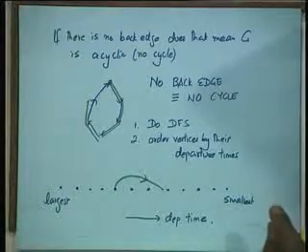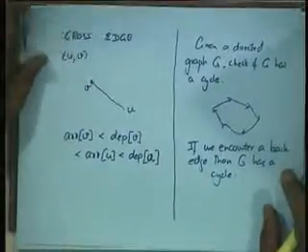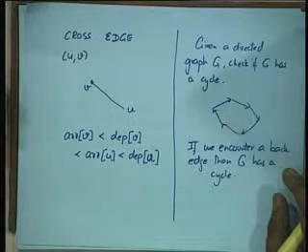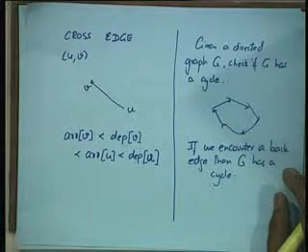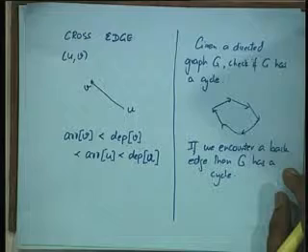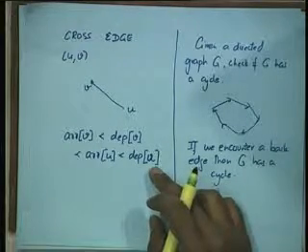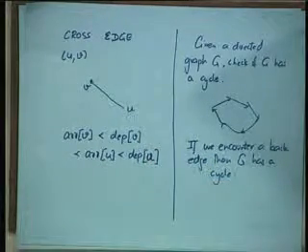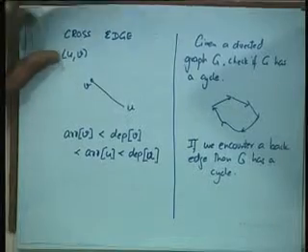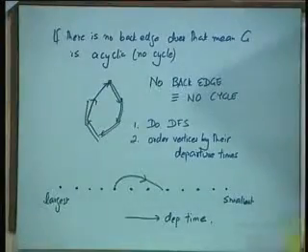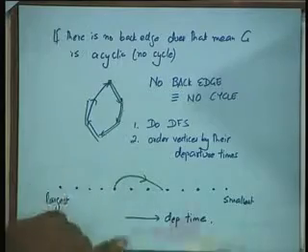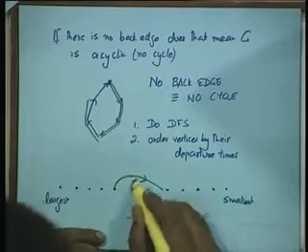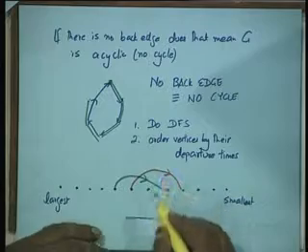Let us look at a cross edge now. For a cross edge uv, the departure time of u is again more than the departure time of v. So, a cross edge would also go from left to right.